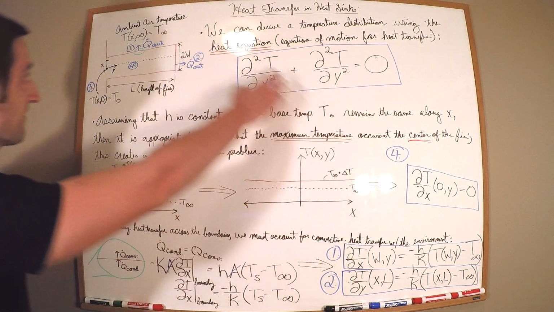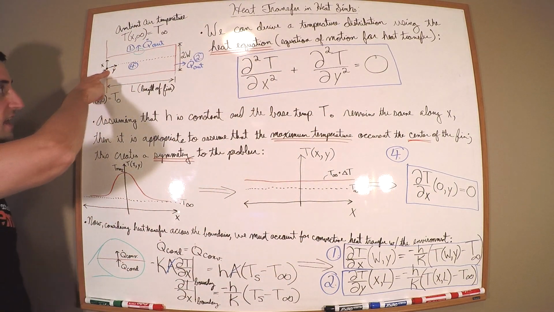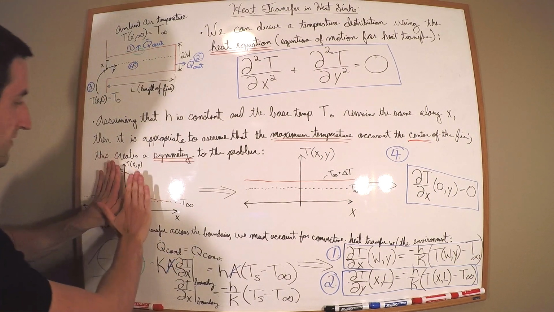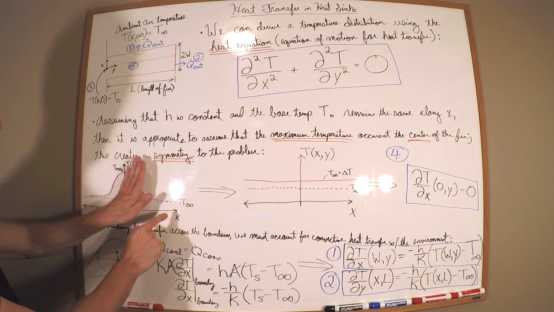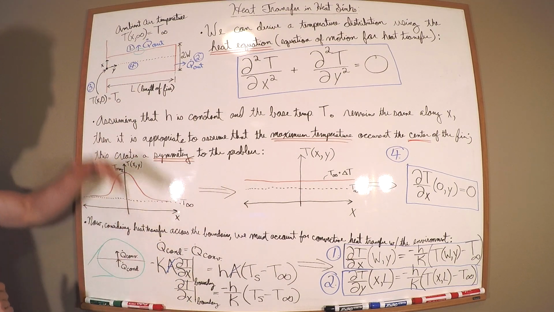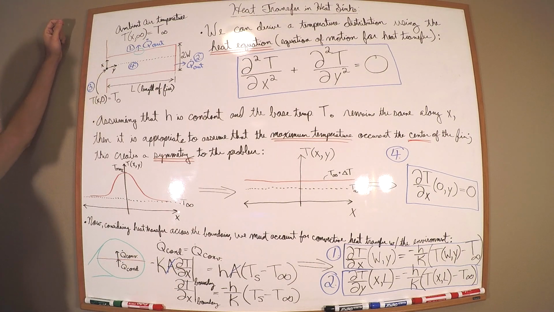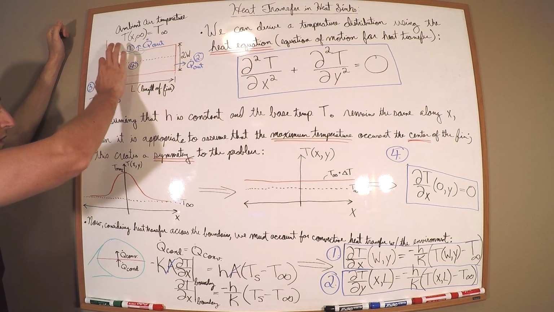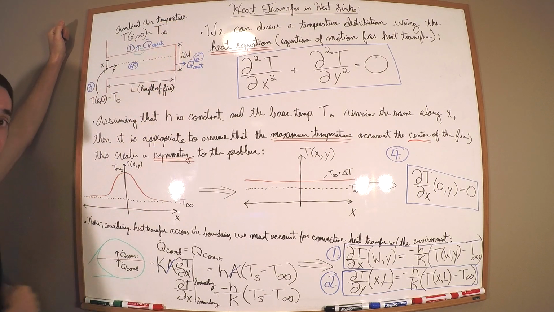And this sort of elucidates why I chose the center. I chose the center because if this is symmetrical, we know that this side, this temperature distribution, has to be the same as that side. It's just in the reverse direction. So what we can do now is say, okay, all I have to pay attention to is this little chunk here, because heat transfer here is going to be the same as that.